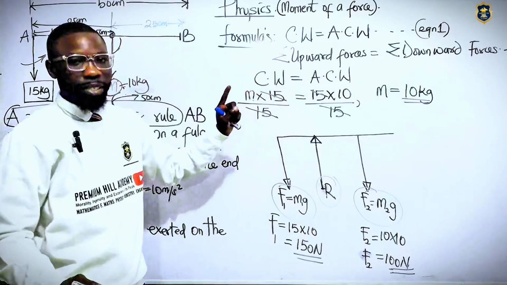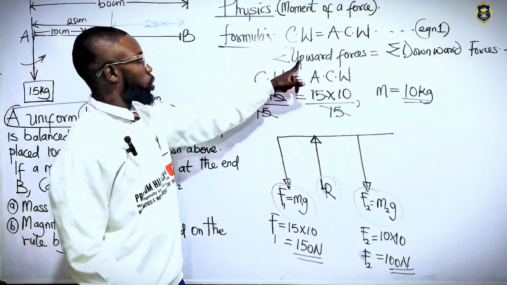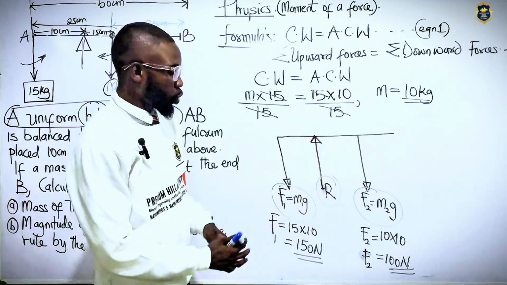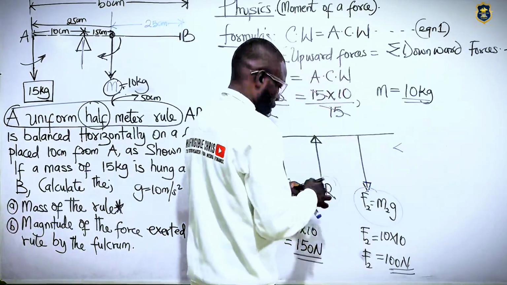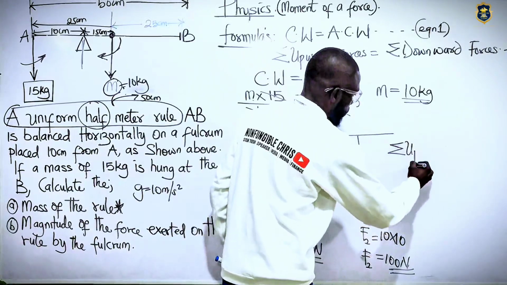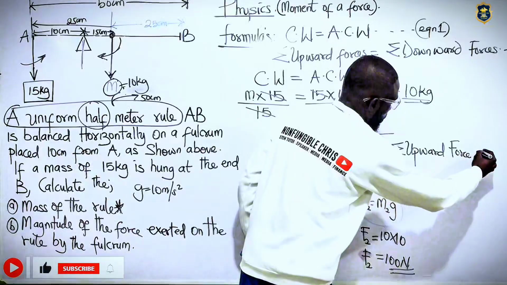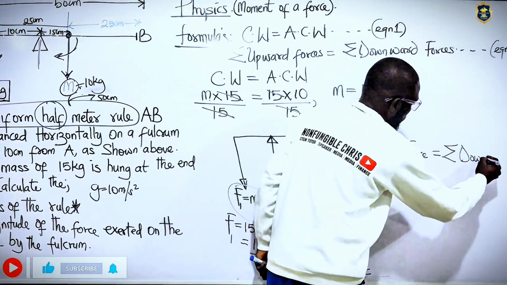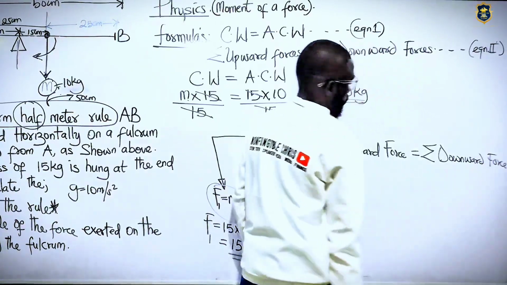And so we're going to apply the second formula to it. And what's the second formula? It says the summation of the upward forces is equal to the summation of the downward forces.